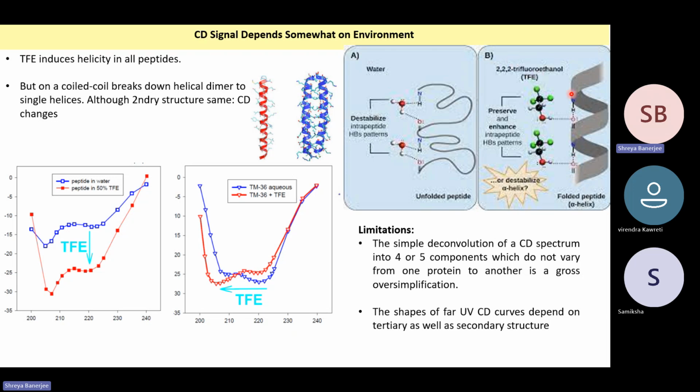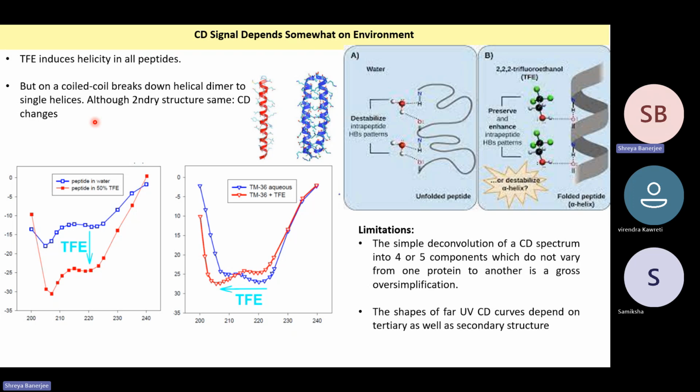So if you use trifluoroethanol, the helicity will increase. You can see from this blue to the red line, the blue line is in water. It is still helical, but the lower you go in the graph, the more the percentage helicity is increasing.